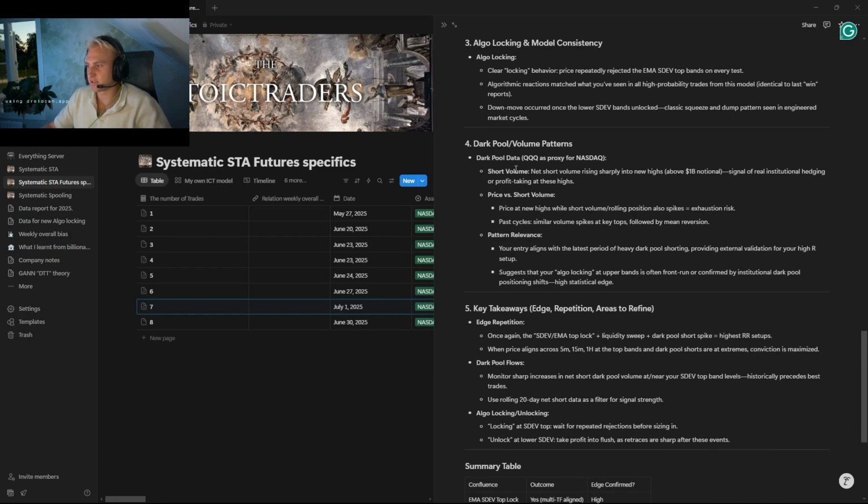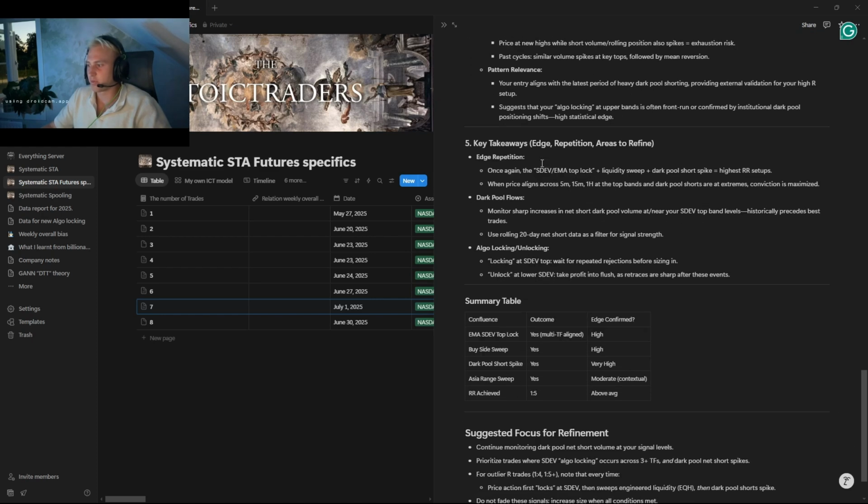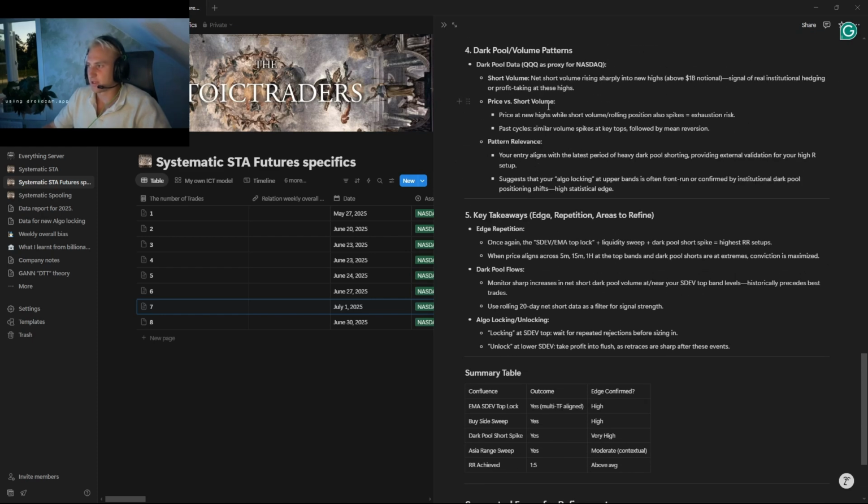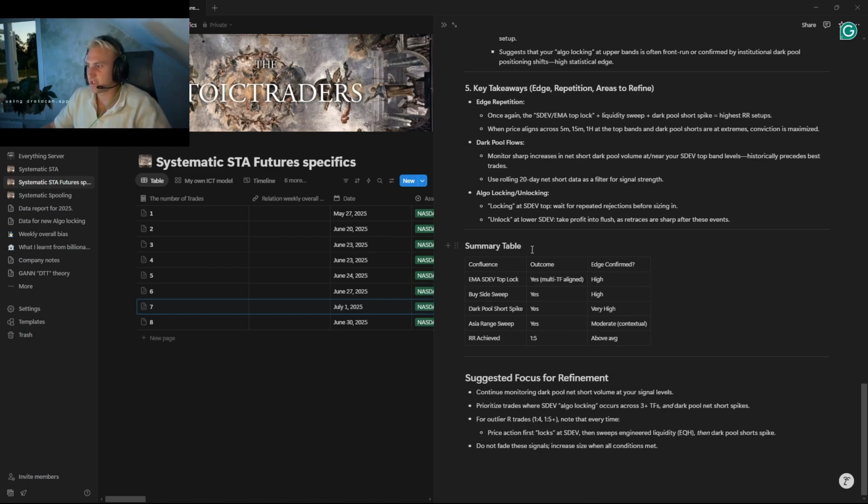This is just an example of what I've included here: key takeaways, dark pool volume patterns, etc., as well as a summary table and suggested focus for refinements. This is something I usually include as well.